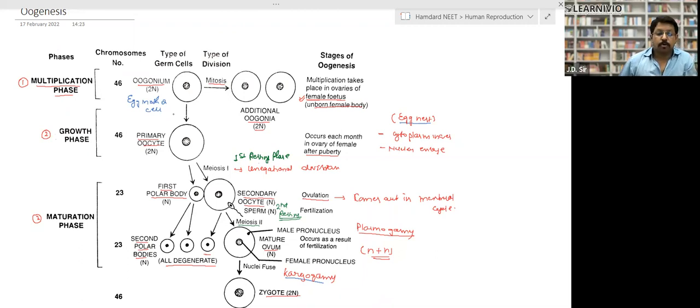Full stop. Both are, please underline this statement, both are haploid in number. Here, n cell, both are haploid, because this is the meiosis. And you know, meiosis first is what? Reductional division. Here, number of chromosomes reduces, right? So both are haploid in number.